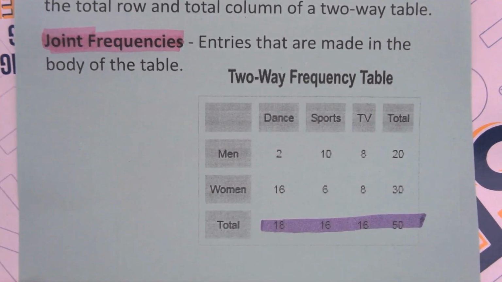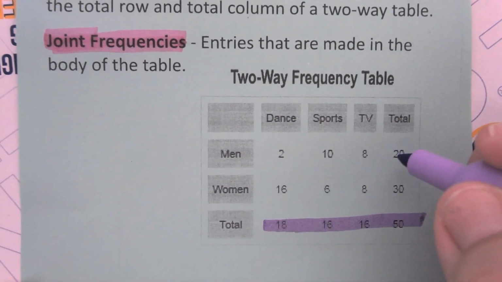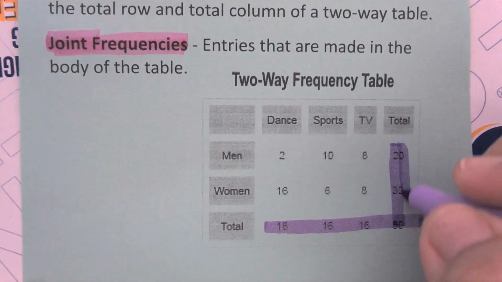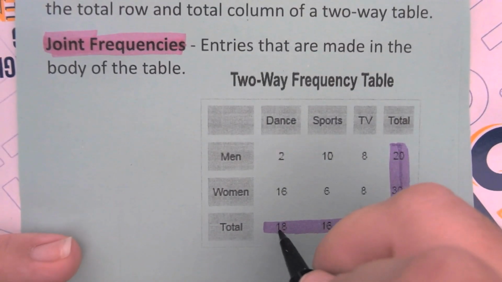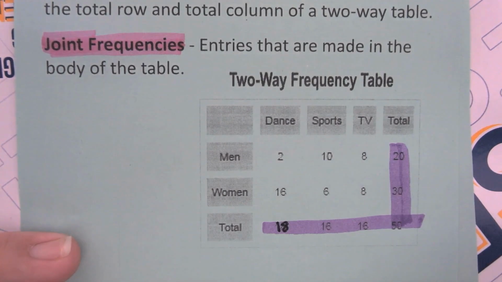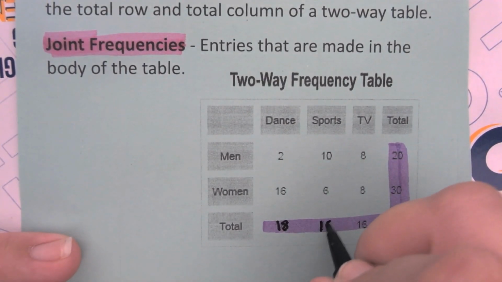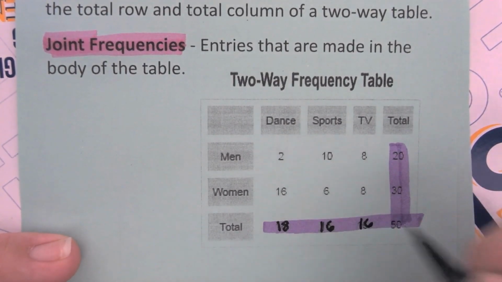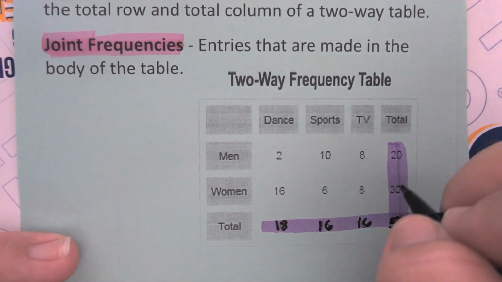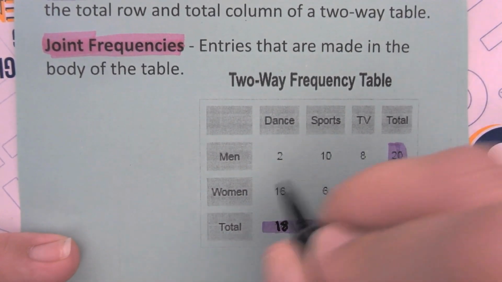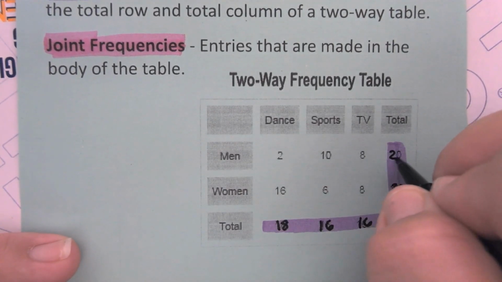So these are our marginal frequencies, and then our total column is here. So all of those numbers are marginal frequencies. So here 18 is the total of dance, 16 is the total of sports, 16 is the total of TV, 50 is everybody in the table, 30 is the total of women, and 20 is the total of men.